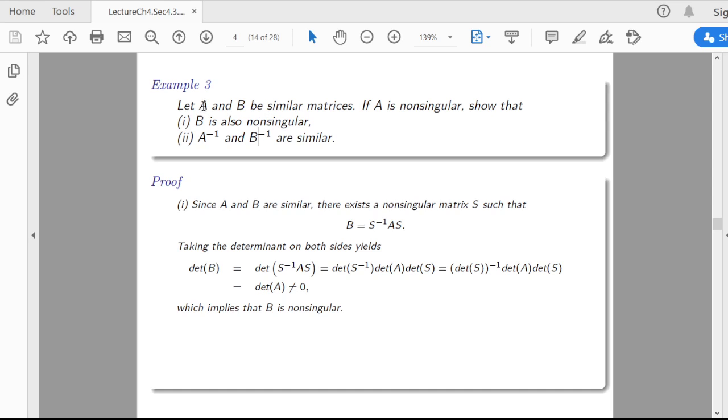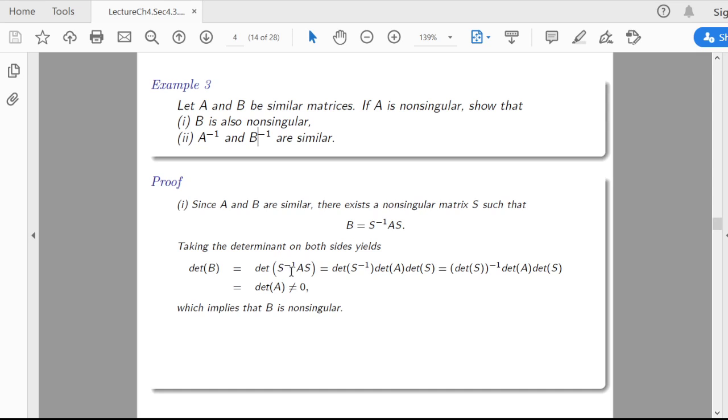The assumption is A and B are similar, so there is a matrix S, which is non-singular, and B equals the inverse of S times A times S. Then on both sides we take the determinant. The left side we get the determinant of B. The right side is the determinant of S inverse times A times S. Now this is the determinant of a product.